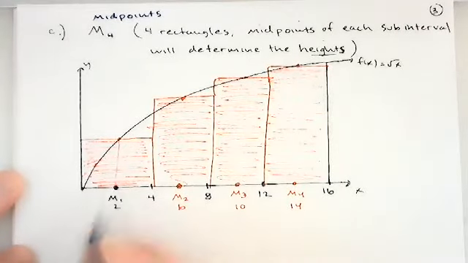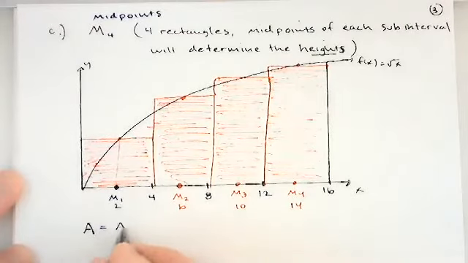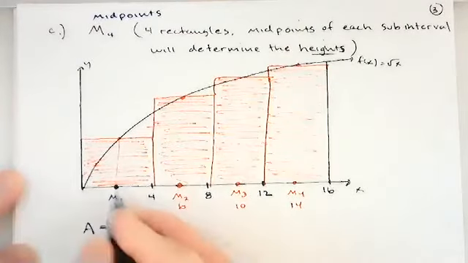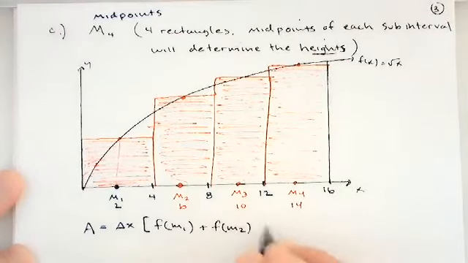All right, so same formula though. There's 4 rectangles. So what we're going to be doing is multiplying delta x by, in this case, the value of our function at each of our midpoints, f of m1 plus f of m2.